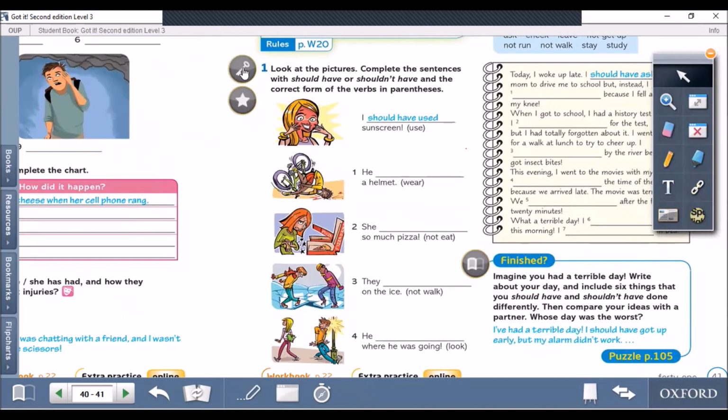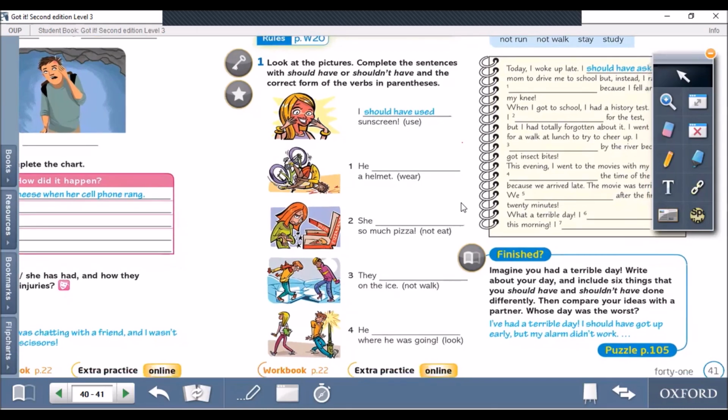Let's look at activity number 1. Look at the pictures. Complete the sentences with should have or shouldn't have and the correct form of the verbs in parentheses. Here we have an example. So, here you have the image, and you have to use the verb use. So you say, I should have used, in past participle, sunscreen.